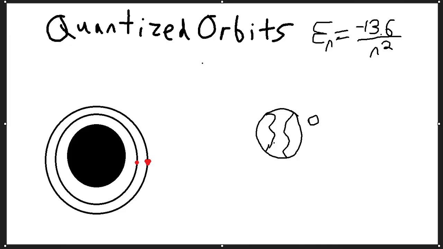But this is no longer true in quantum mechanics with electron orbitals. I could get into the origins of this idea, but I don't want to make this too complicated, so maybe another day. The point is that these electrons have discrete orbits.